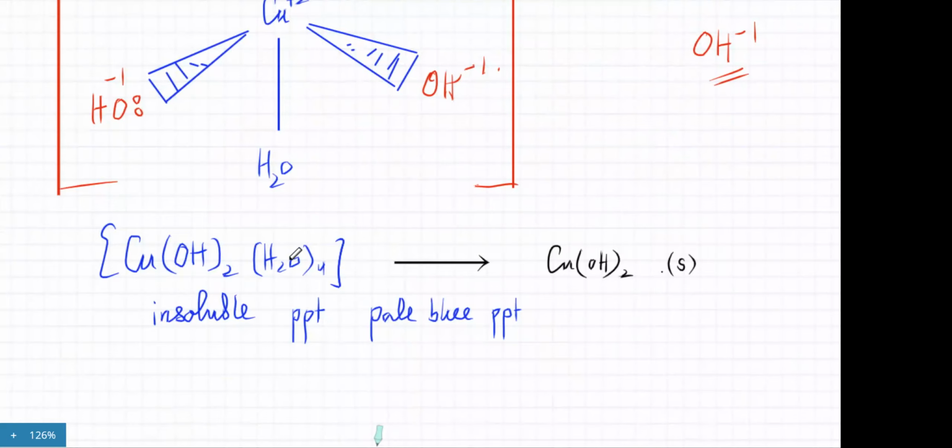So all the water molecules are going to be part of the solution, so they're going to be left in the solution. This would form a solid precipitate. So the Cu(OH)2 precipitate would leave and the water molecules would just stay part of the solution. Nadine, is that point clear? Even if you write this one would still be correct.